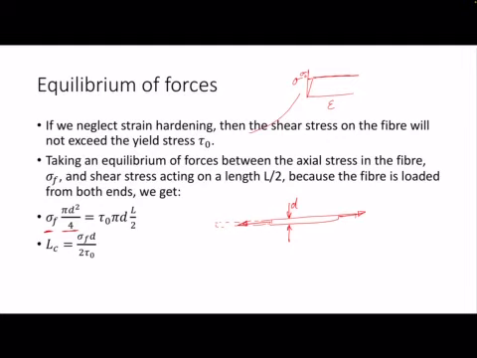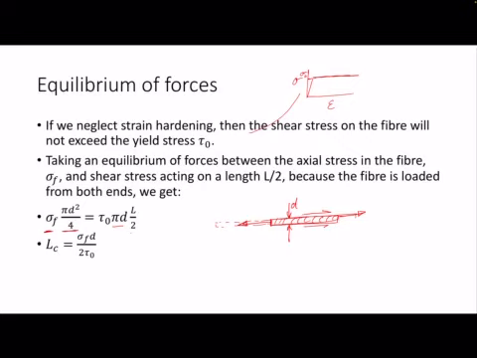And then the shear stress, of course, your shear stress acts like that. And that will be all around the circumference of your fiber. So that's the circumference, pi D, times that L over 2. So half its length. Times, of course, the shear stress.